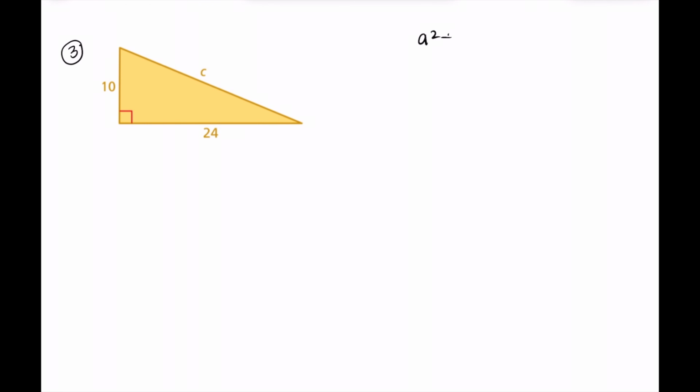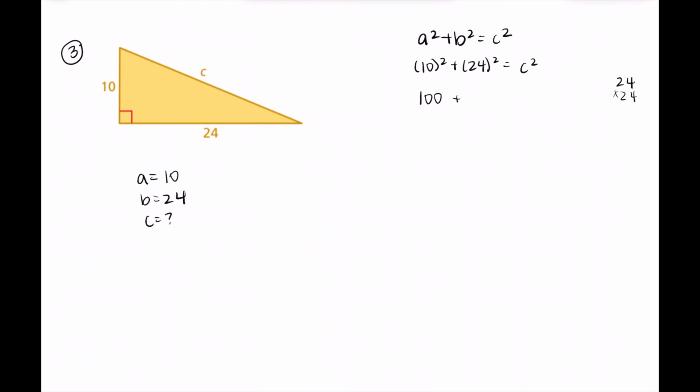For number 3, our triangle has 2 sides. We are given the side length that a equals 10 and that b equals 24, and we're solving for c, our hypotenuse here. So when I go through and substitute, I get 10 squared plus 24 squared equals c squared. We know that 10 squared is just 10 times 10, so that's 100.